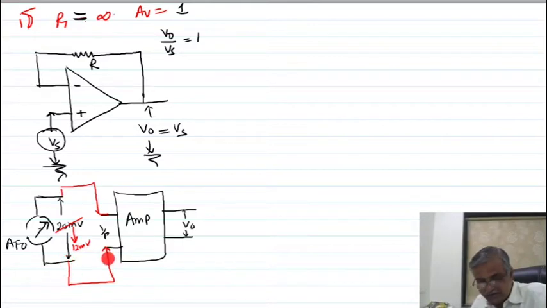As you connect here, immediately this voltage drops and becomes 12 millivolt. This is due to the impedance of this AFO and the impedance of the amplifier input not being matched. This drop in the voltage is due to the impedance of the AFO and the input impedance of the amplifier not being matched. This has some resistance, so voltage is developed across this resistance.